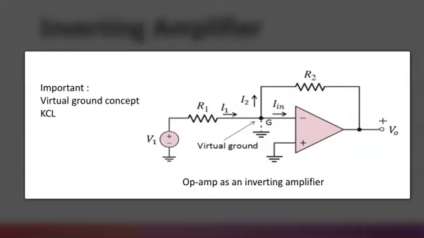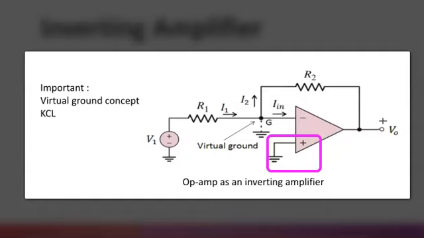The op-amp circuit is quite straightforward using few electronic components: a single feedback resistor connecting from the output to the inverting input, and a resistor from the input of the circuit to the inverting input of the op-amp. Note that the non-inverting input is taken to a ground point.